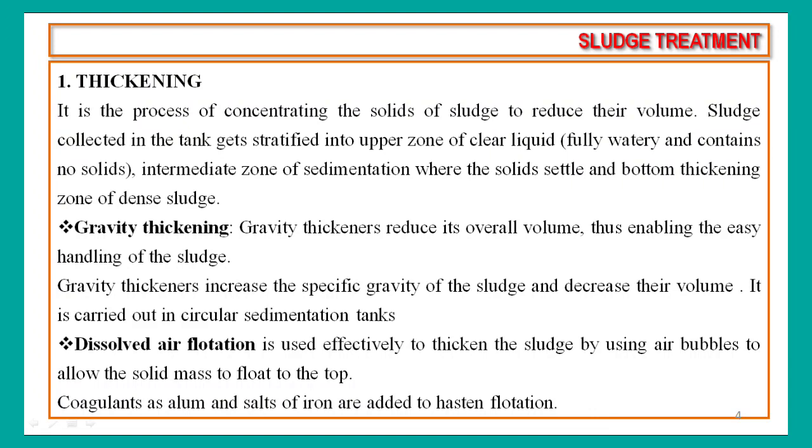There are two types of thickening used in sludge treatment. The first one is gravity thickening. Gravity thickeners reduce the overall volume, thus enabling easy handling of the sludge.